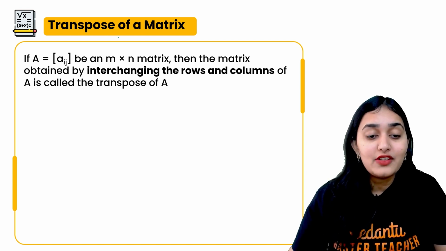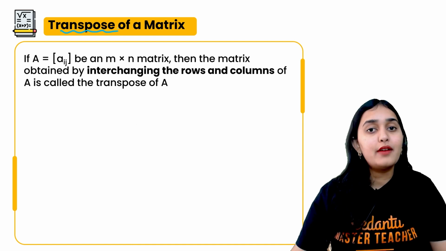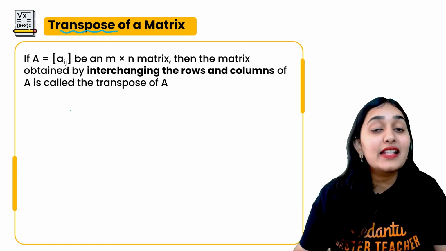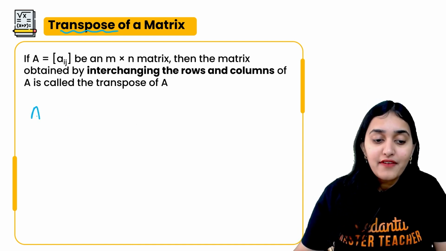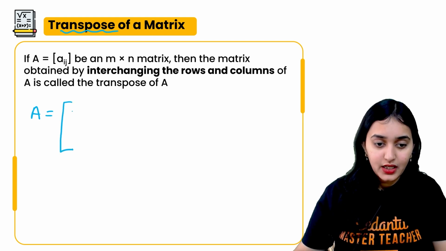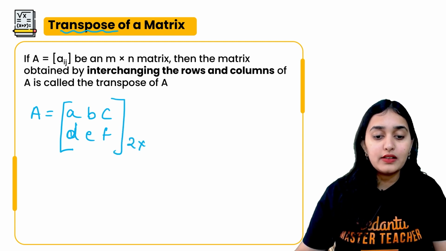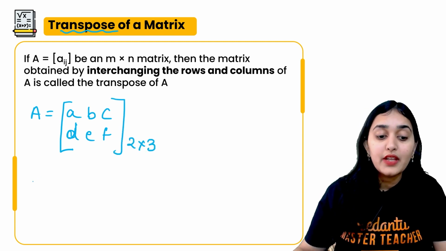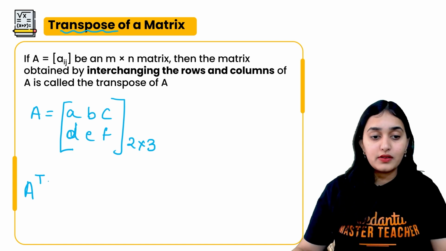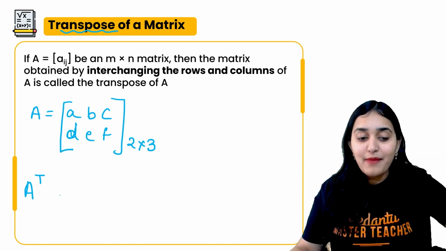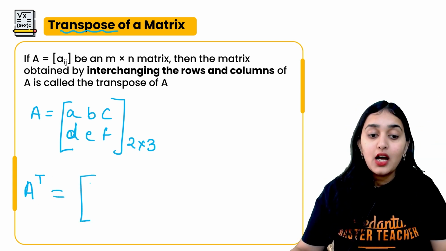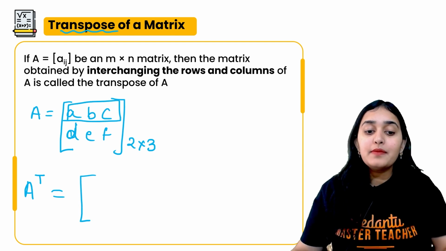Second last topic of this chapter is transpose of a matrix. Now what do you mean by transpose? If you have an A matrix, A, B, C, D, E, F, where it is a 2 cross 3 matrix. So, transpose of A matrix is basically the row becomes the column.